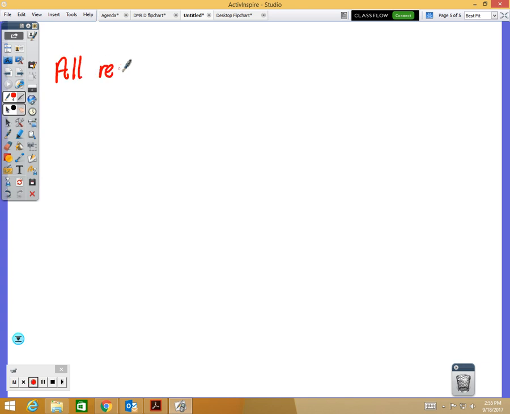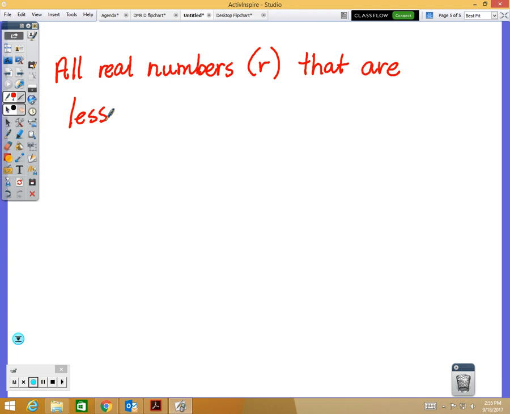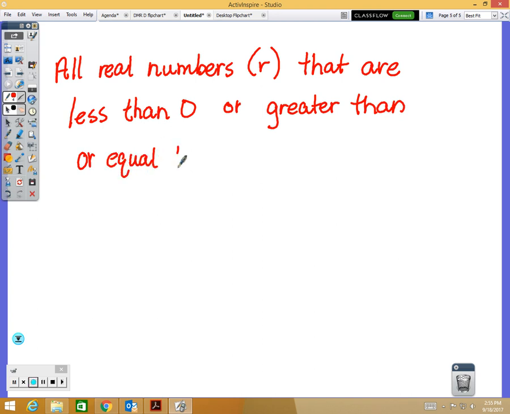All real numbers that are less than 0 or greater than or equal to 5. Okay, all real numbers that are less than 0 or greater than or equal to 5.